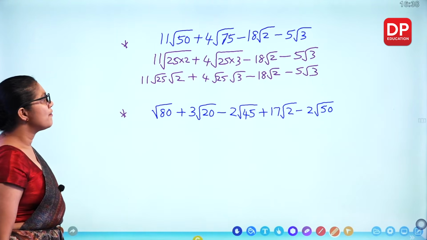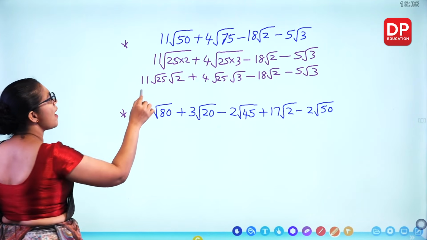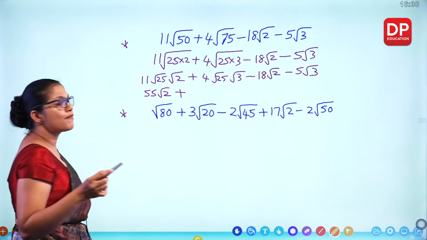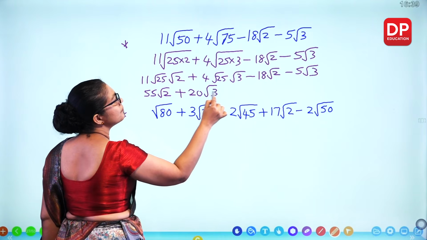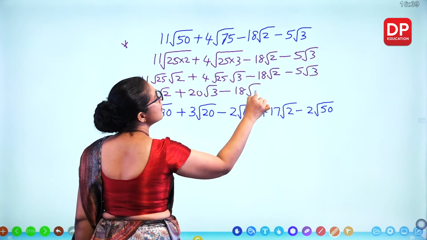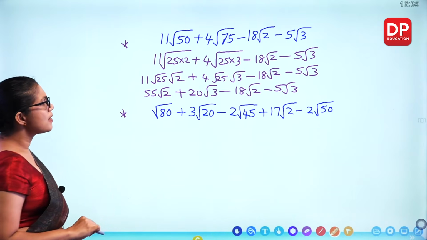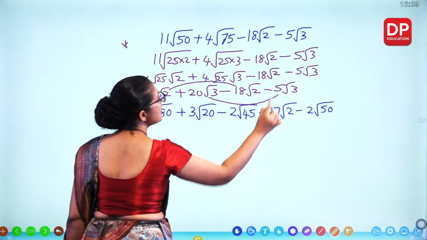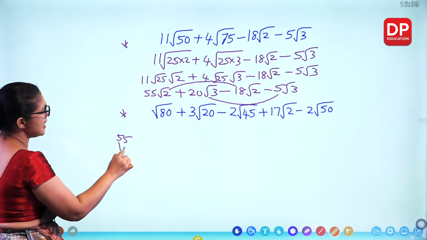Now try to simplify. Root 25 is 5. 11 times 5, 55. What about this one? Root 25 is 5. 5 times 4, 20. This one you can write as it is. Now try to simplify. This and this, this and this. So what is 55 minus 18?